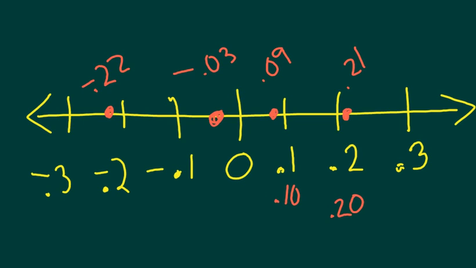Now, it's harder in negative land, you know, because negative land is sort of like backwards. So, if this is negative 0.10, would negative 0.03 be right around there? And then if this one was negative 0.20, wouldn't negative 0.22 be a little past it, closer to the 3?